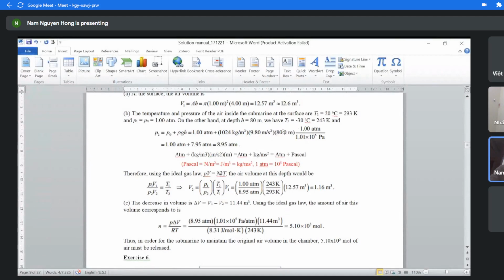The depth is 80 meters. And you should be able to find this result. But please remember, like I said many times, when you write down a value, you should also write the unit associated with this value.